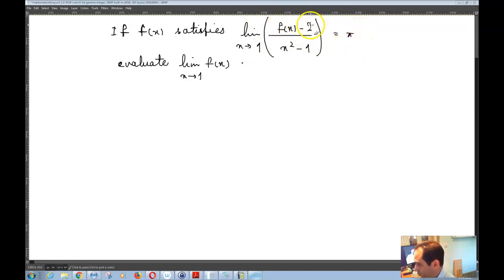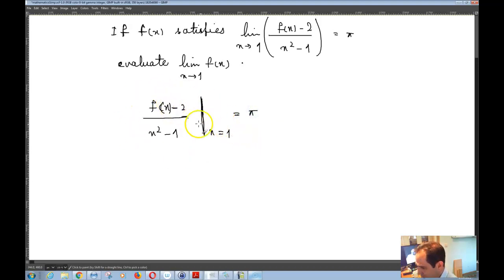So then what that means is that you can write f of x minus 2 over x squared minus 1 at x equal to 1 is equal to pi.